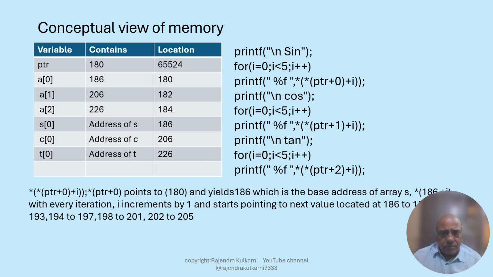So *(186 + i) gives us the value stored at the address 186, and as in every iteration i is incremented by 1, we start getting the values stored at addresses 186, then 190, then 194, then 198, and then 202.